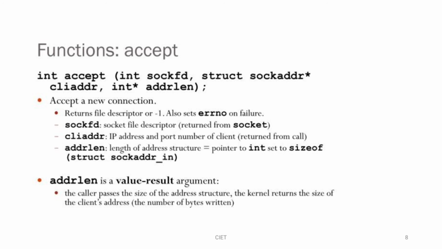So the kernel returns the size of the client address. Here the kernel acts as a mediator between the client and the server. For the interaction, it will send how much address the client wants to send. In that way, the server will accept the connection.